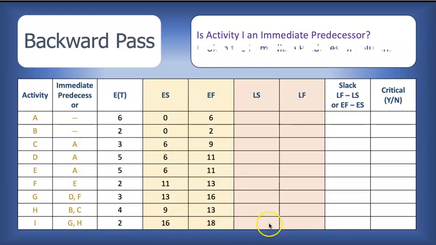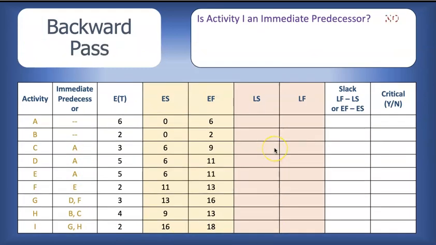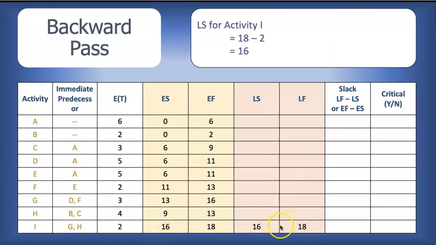As such, the latest that it can finish would be the project completion time of 18 weeks, because it doesn't have to be completed till the end of the project. For the latest start time, we simply say 18 minus the expected time of 2 weeks. 18 minus 2 is 16.